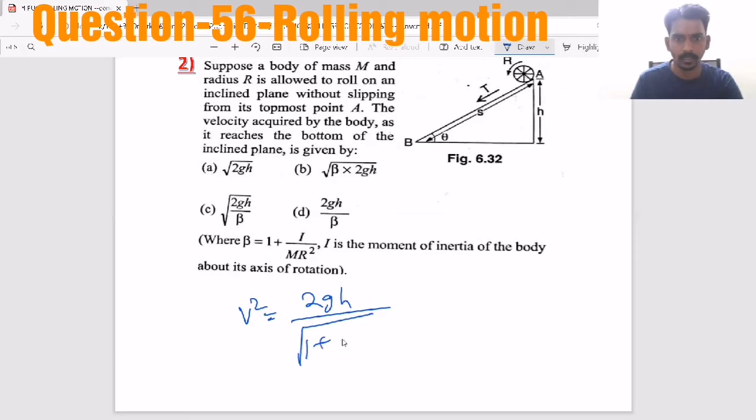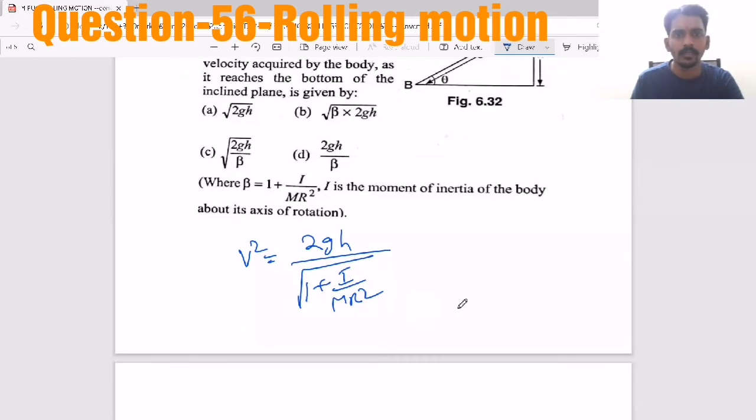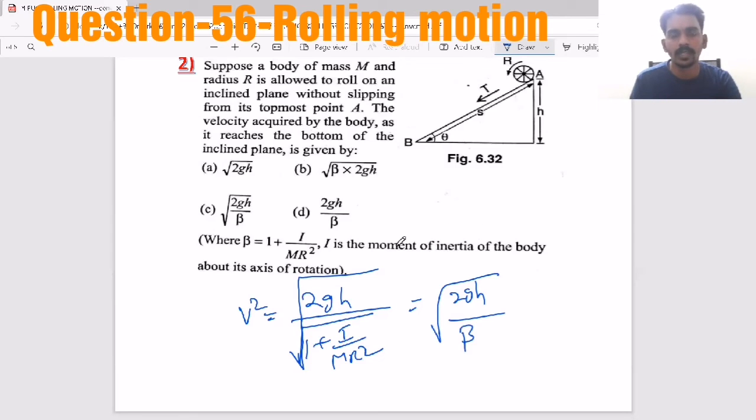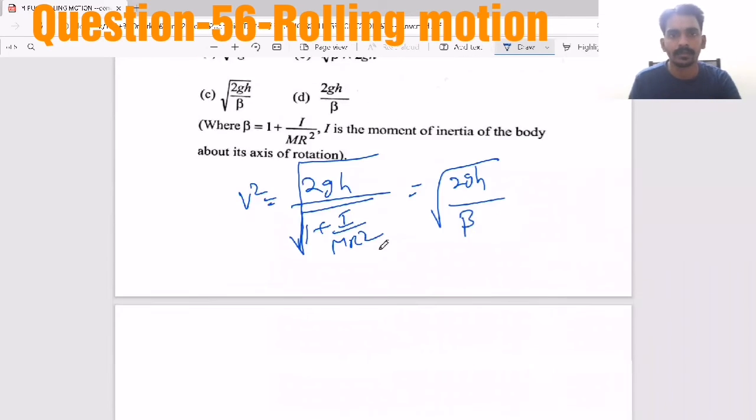It's a direct formula based question. Under root, complete under root, 2gh by 1 plus I by mr square, they have given this as beta, that's it. So many times they will give formula based questions also. See, the question is very big but the answer is very simple.